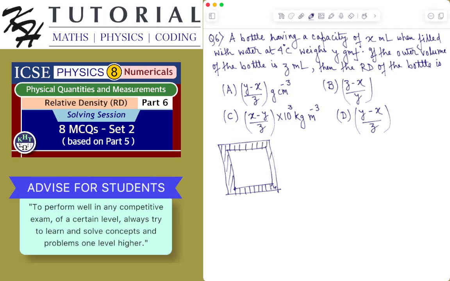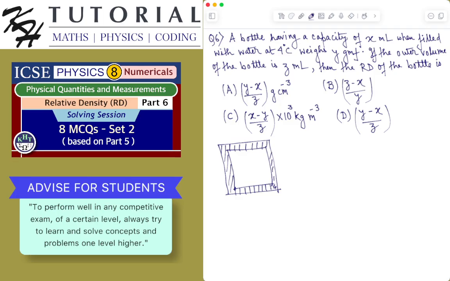And the capacity, so this much, the inside, the x milliliter, which is the capacity of the bottle. So this volume in this figure, the volume of the inner square, if you consider now the shape of the bottle may not be a square one, it could be a round one. Just for the sake of discussion, I have considered the shape of the bottle to be a square one.